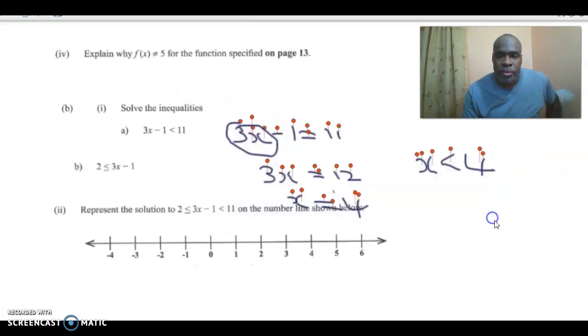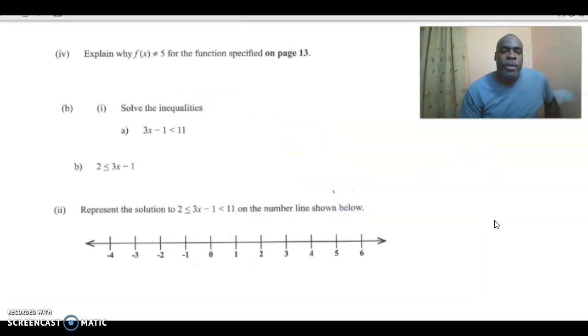Alright, let's get rid of that. Okay, so part B now asks, how does it read? 2 is less than or equal to 3x minus 1. I like to write it this way, so I'm going to write 3x minus 1, and note that it must be greater or equal to 2. So I just turn it around, it means the same thing.